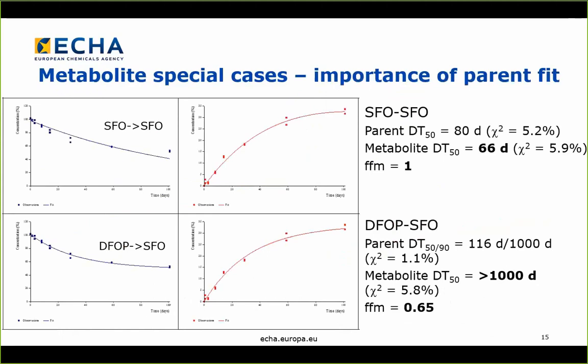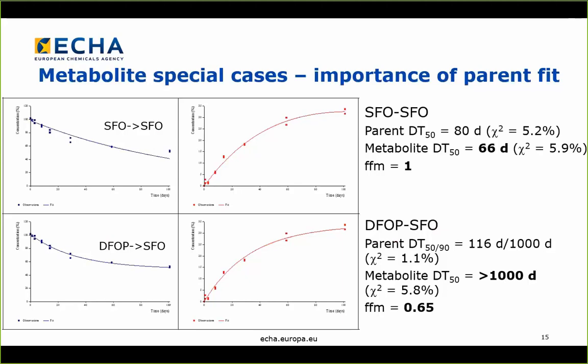Another thing to look out for with metabolites is the importance of the parent fit. Again, top and bottom is the same data fitted with two different models. On the top we've got the SFO parent and the SFO metabolite fit. On the bottom we've got the default parent and the SFO metabolite.